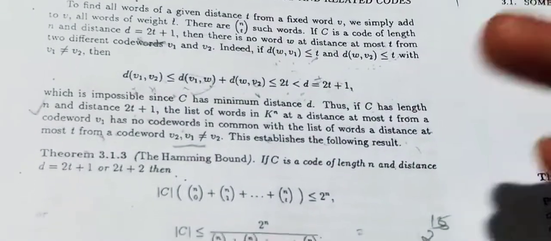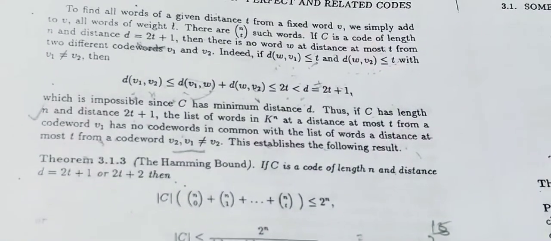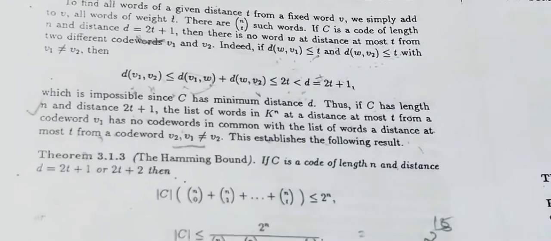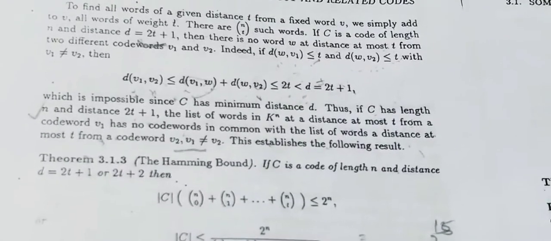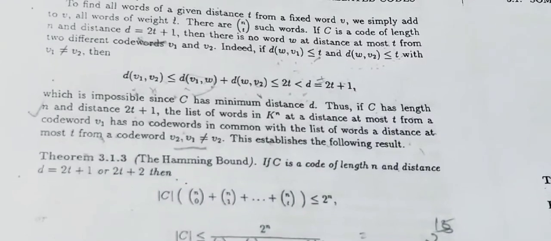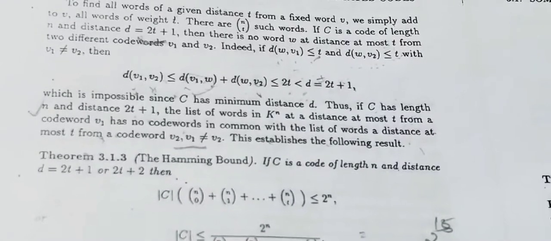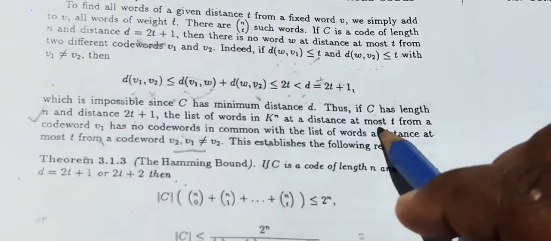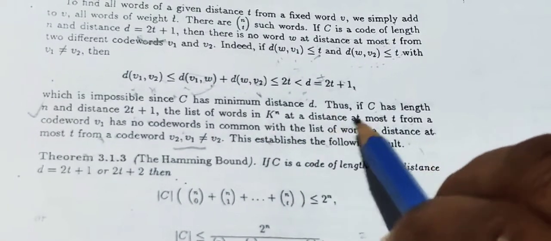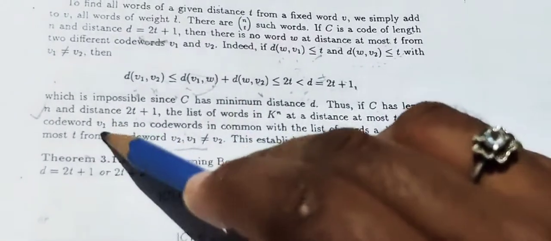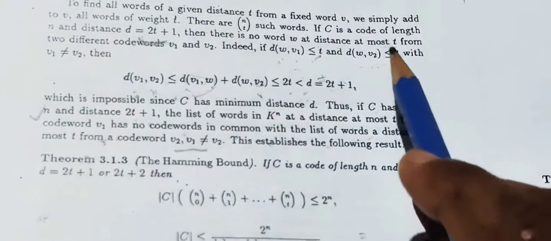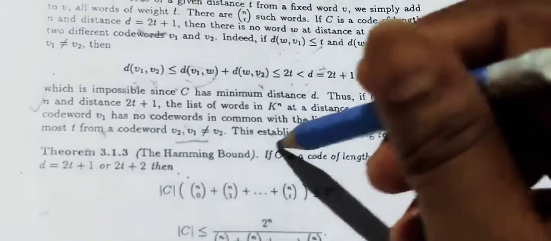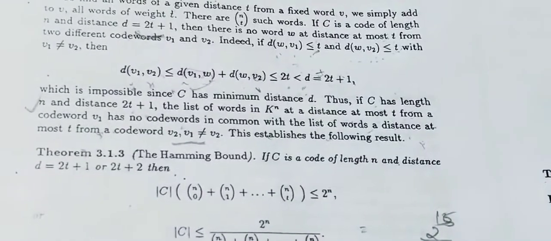We already assumed W is a word which is closer to V1 and also closer to V2. This is not possible. So this is the meaning.